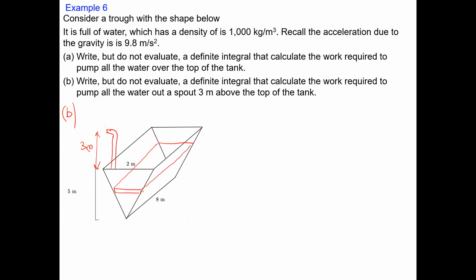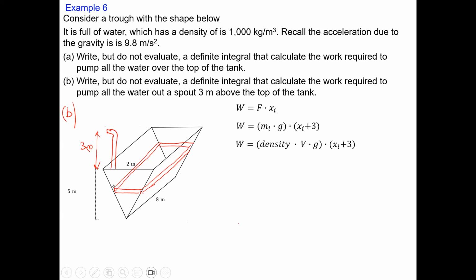Oh, how beautiful I'm drawing now for the second time. This one is x sub i. We have to move that amount of water, each of them, because integration is taking care of every single layer of water, slab of water. In general, I have to add 3 and everything else is the same.